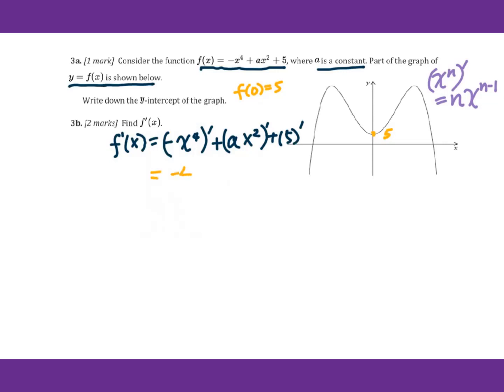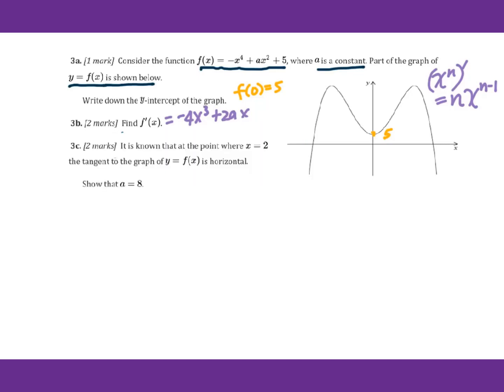You will get negative 4x third power plus, drop down, that means 2ax. The constant number will be 0. So we get f prime of x equals negative 4x third power plus 2ax.